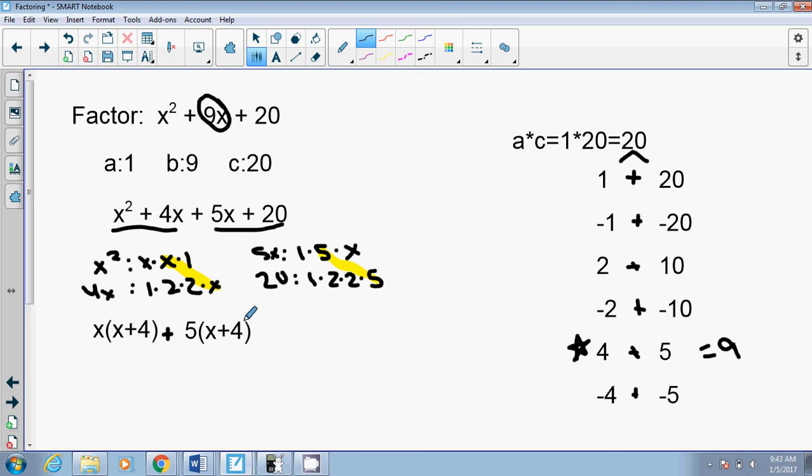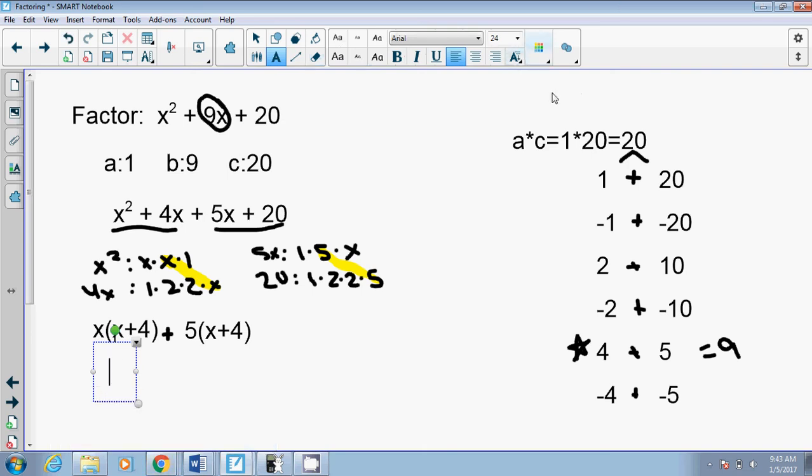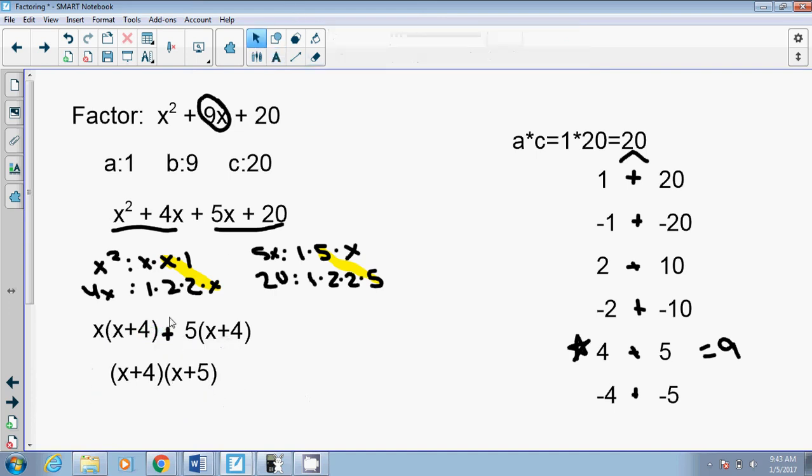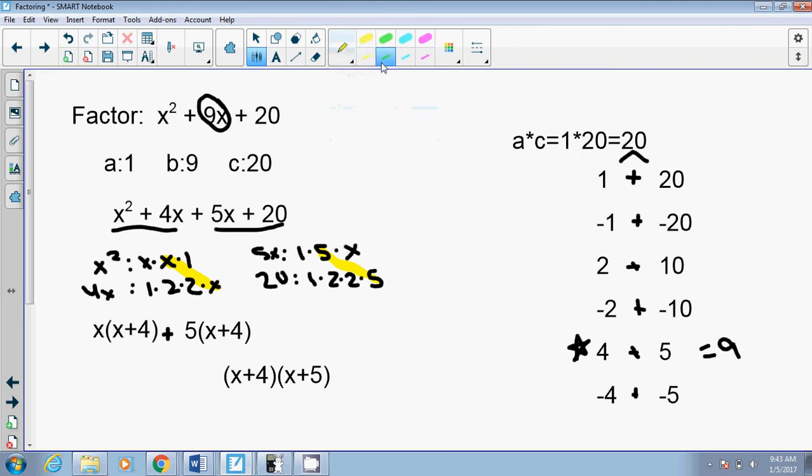So I'm able to factor out that x plus 4. And then once I factor it out, I have an x in the first part and a plus 5 in the second part. So my factored form, x squared plus 9x plus 20, my answer for this problem, when I factor it, will be x plus 4 times x plus 5.